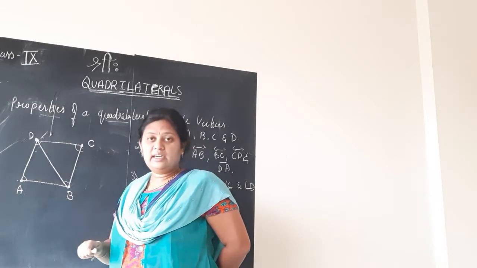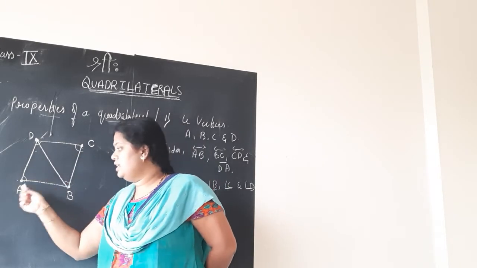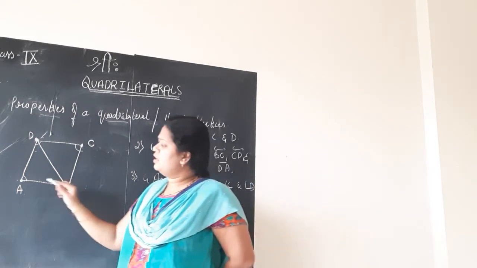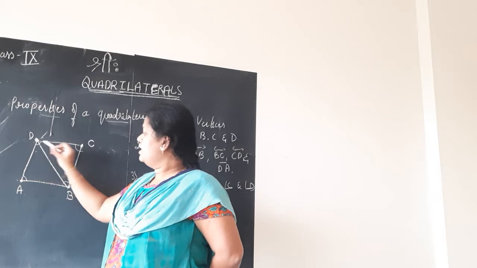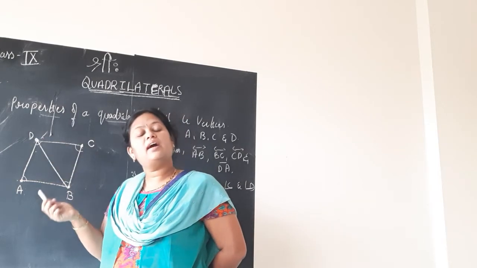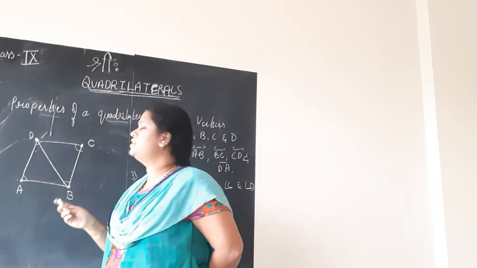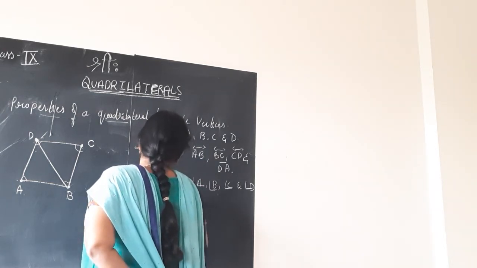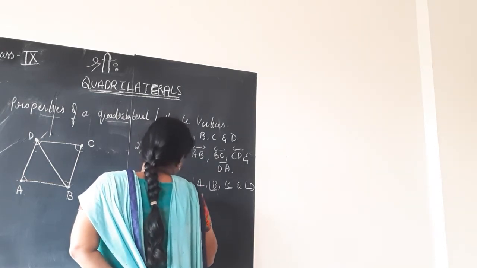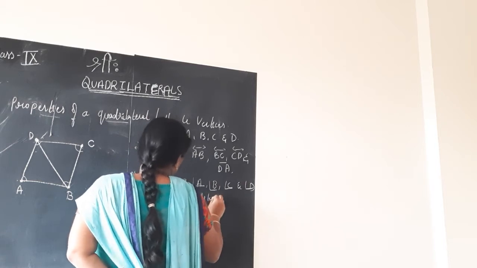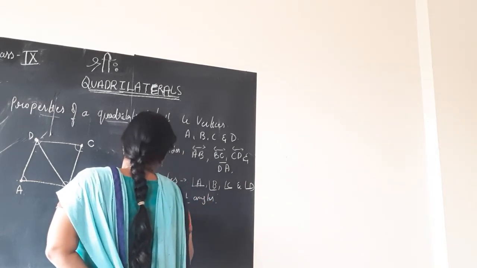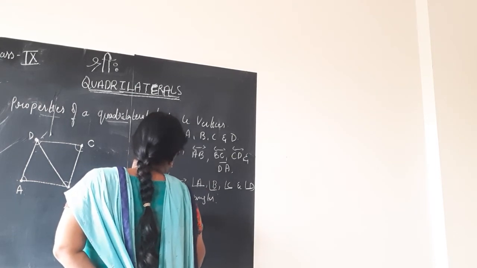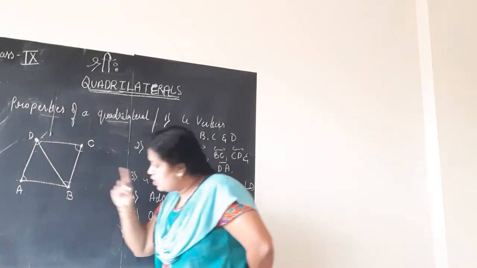Angle C and angle D are adjacent angles. Angle D and angle A are also adjacent angles. How about A and C? Angle D and angle B, they are opposite angles. So, you have to know about adjacent angles and opposite angles. I explained this in order to say what a diagonal is.